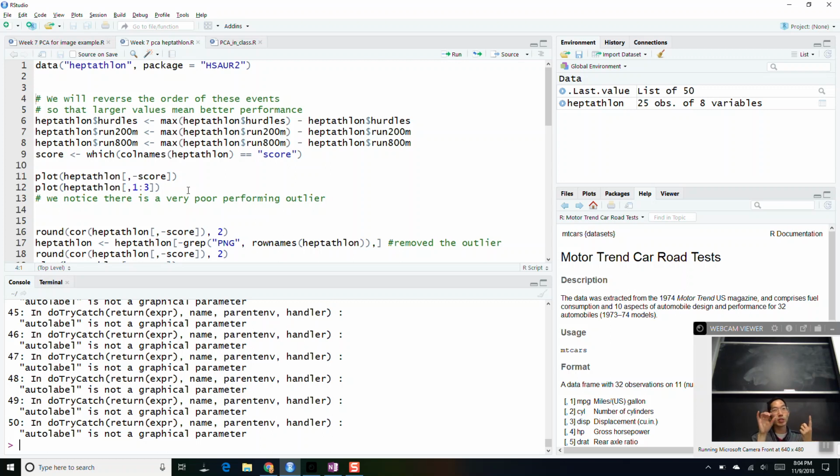So we need a way to combine the raw scores from the 7 events into a single number that gives you your overall performance. This is an example where we need to go from 7 dimensions down to just 1 dimension and still capture the structure in the data, showing this is the strongest performer and this is the weakest performer.